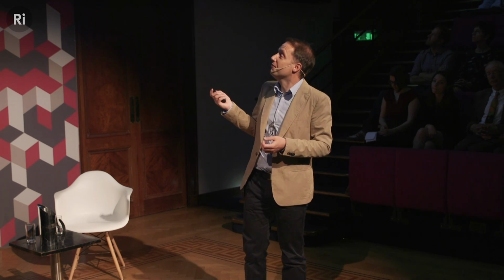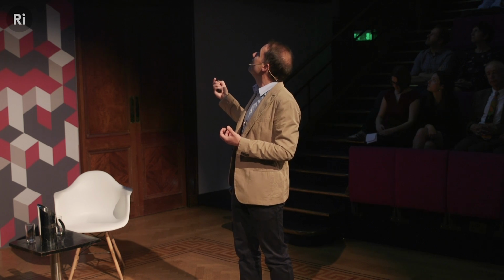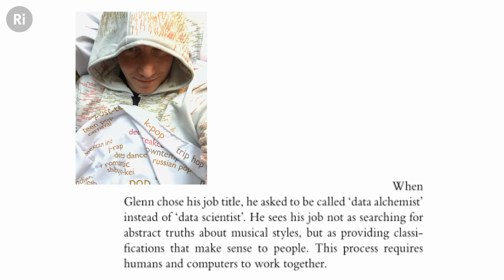When he was in a startup and Spotify bought this startup, he asked to be called a data alchemist instead of a data scientist, because he sees his job not as searching for abstract truths about musical styles, but as providing classifications that make sense to people. This process requires humans and computers to work together. That was very much how he emphasized it for me. You shouldn't think of it as data science. You should think of it as some form of data alchemy that's going on in a lot of these companies.